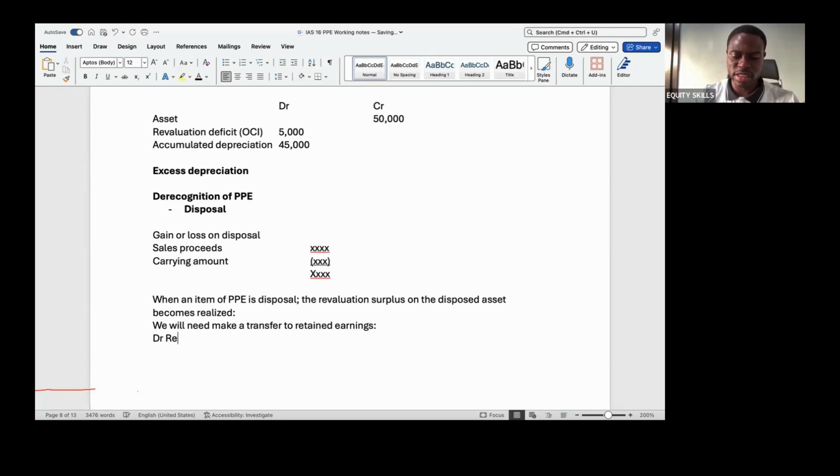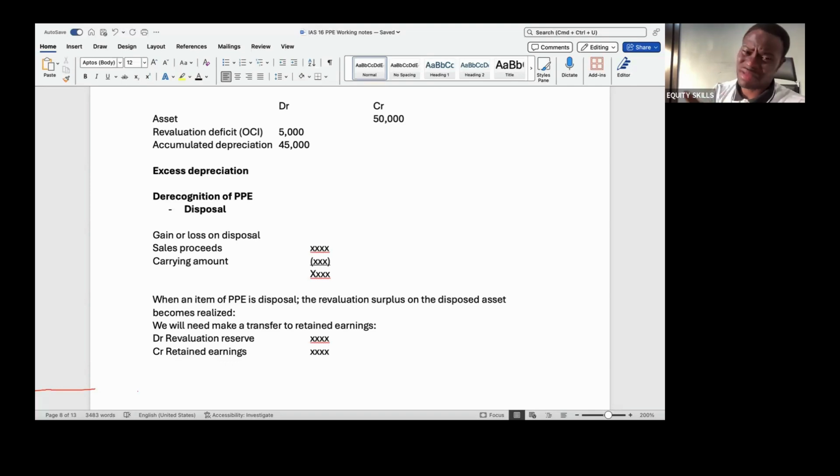We will debit revaluation reserve because we are moving it away from revaluation reserve, and we'll credit retained earnings because we are taking it to retained earnings. This is how it works. Revaluation reserve is a credit, so we debit it. We are taking it away from revaluation reserve, and we are putting it in retained earnings.